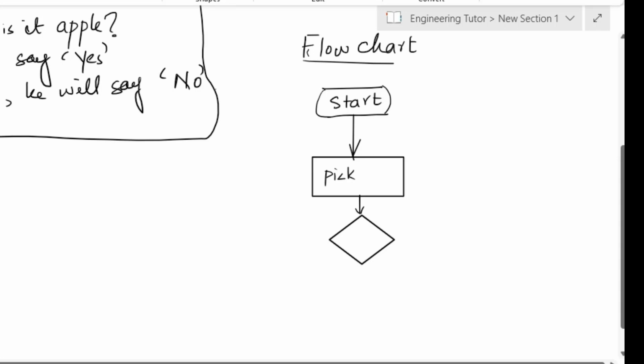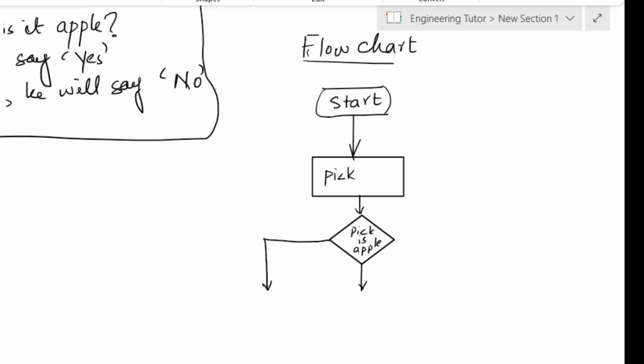He will ask him whether whatever he has picked is an apple. So there will be two possibilities. The first one will be here, the second one will be here.